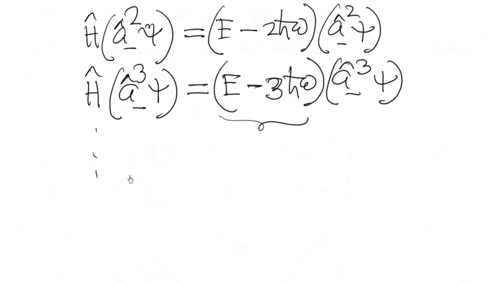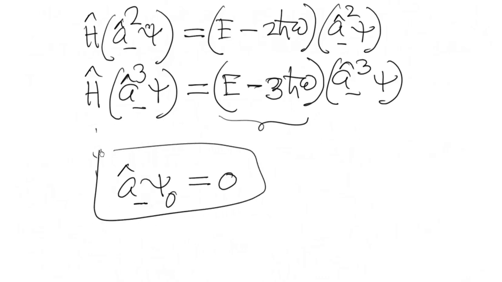Let us suppose that the state function is psi naught, where we will have to stop, and if you operate on this psi naught by A minus it must give you 0, because for this the energy becomes negative. This subscript 0 means we say that this state function is the ground state wave function of the simple harmonic oscillator.